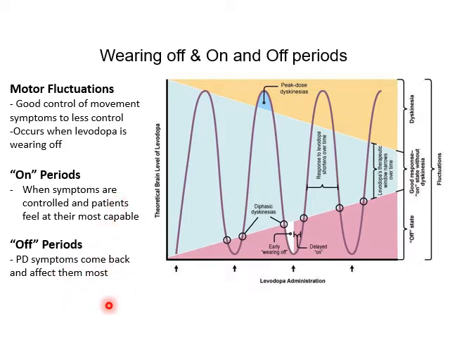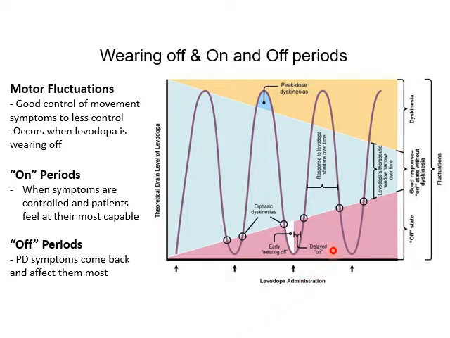Off periods refer to the times of the day when the Parkinson's symptoms come back and they start to move more slowly, or their tremors might worsen, and so they may commonly say that their off periods come about half an hour before their next dose of medication.